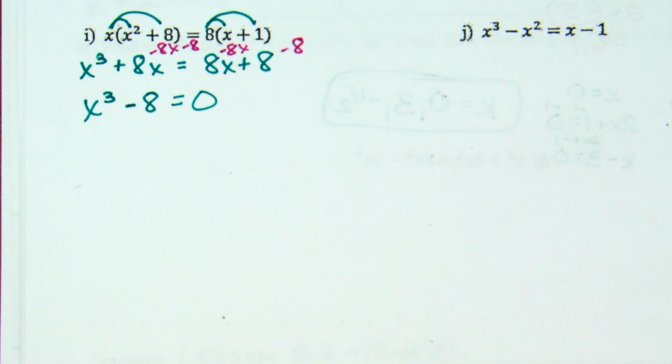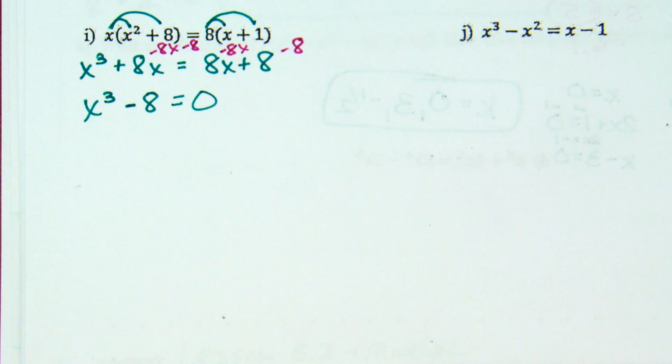X cubed minus 8 is in the form a cubed minus b cubed. And that's what we're going to look at here. If we think of this in the form of a cubed minus b cubed, let me write down what I had from the other side.